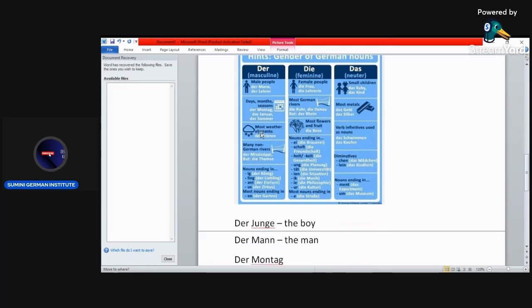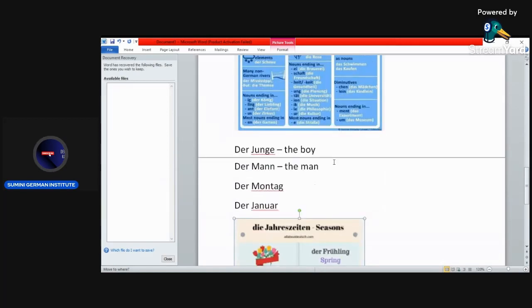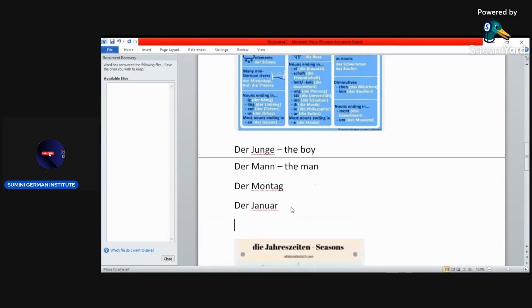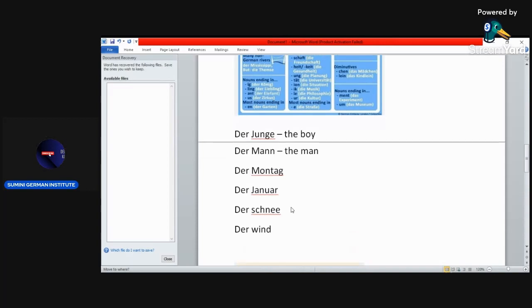Next, most weather elements. For example, der Schnee, the snow. Der Wind, the wind.